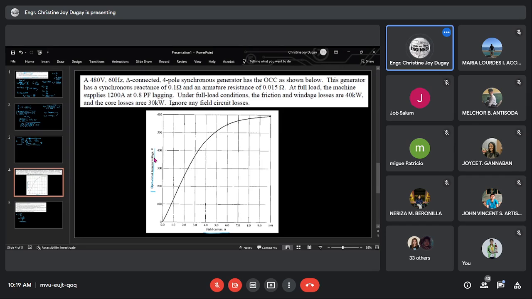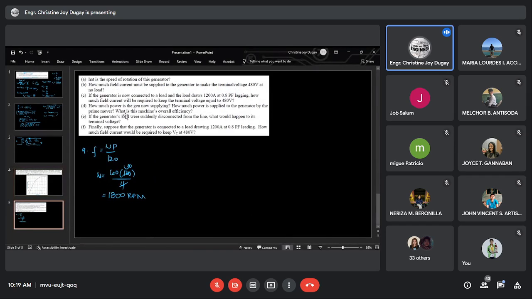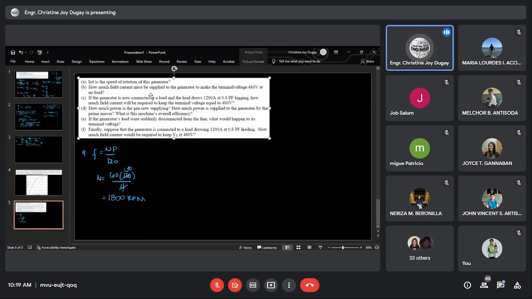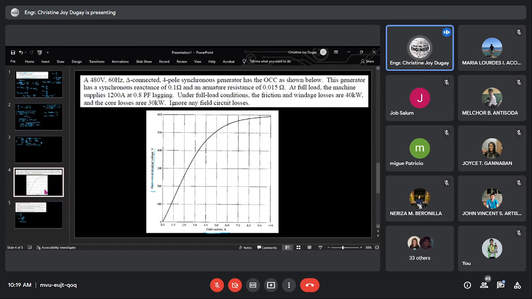The question is how much field current must be supplied to make the terminal voltage 480 at no load. At the graph, if it is 480, what would be the value of the field current? Can you see the graph? Yes, ma'am.